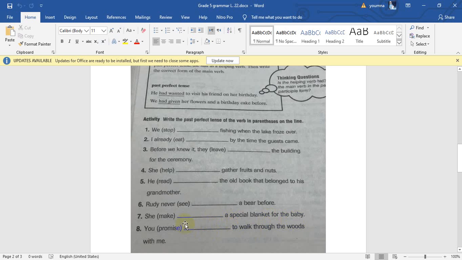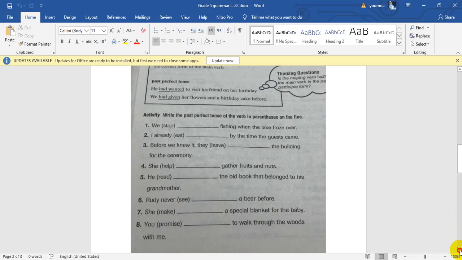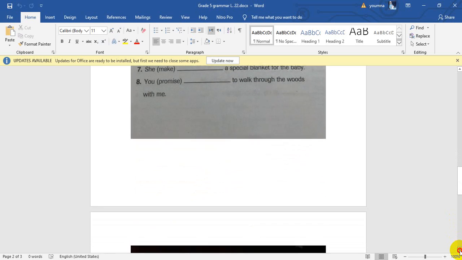So it will be she had made. She had made. And then you promise space to walk through the woods with me. So it will be had promised. So you will add only d. Had promised. Let's move to page 321, which is the last page for today.